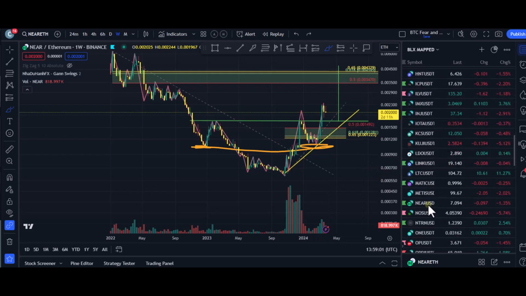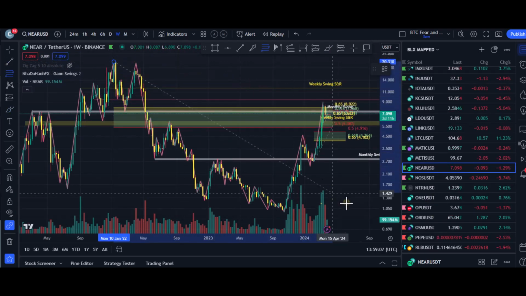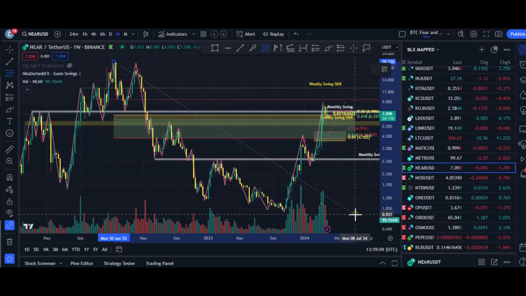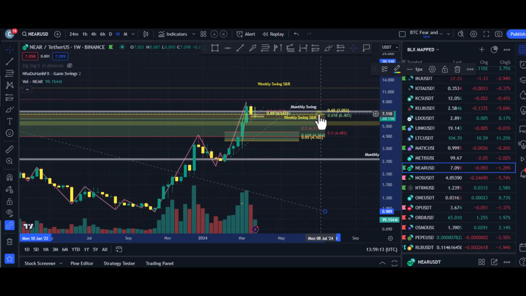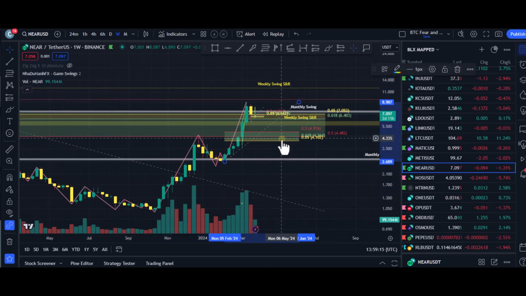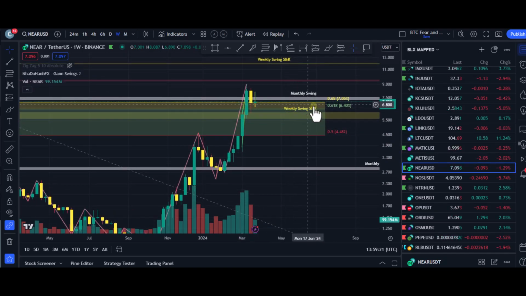Where can near go to? Like with most cryptos that have been performing really well in this bull run, near has done fantastic. This is a bit messy for you guys, let me just delete that one, delete this one. We are holding above the golden ratio right here.